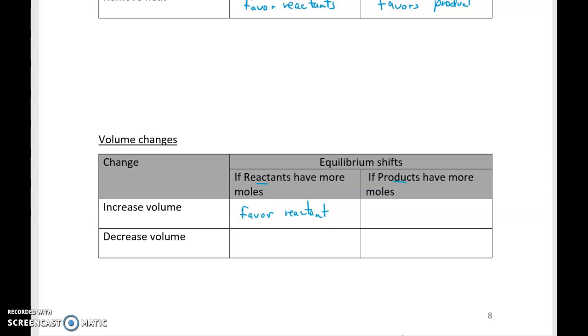If we increase the volume, but the product has more moles, we'll favor the product. If we decrease the volume and the reactants have more moles, we'll favor the products. And if we decrease the volume and the products have more moles, we'll favor the reactants.